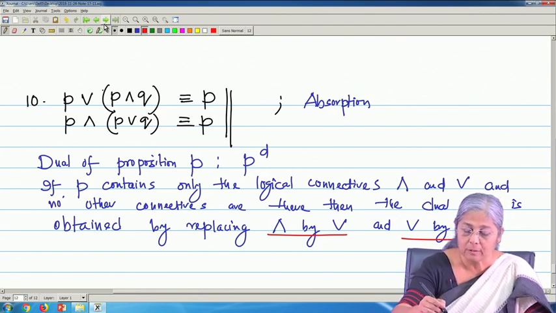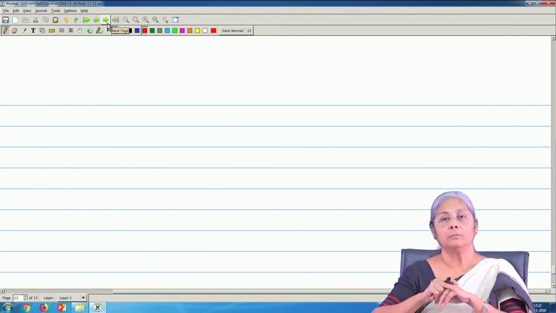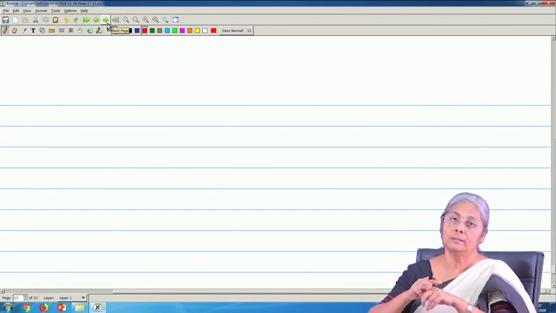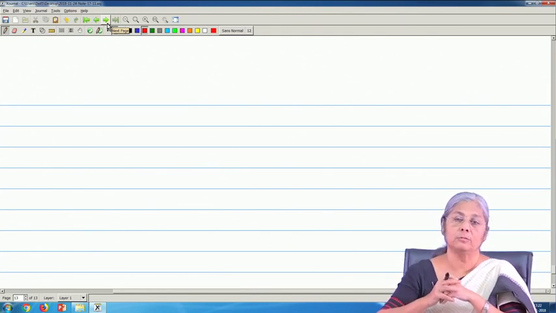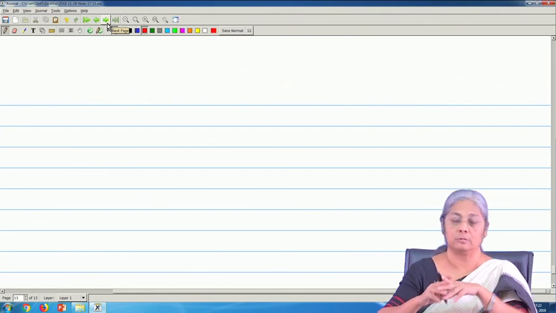Now, we have read the laws, and applying these laws, we can check whether two compound propositions are equivalent or not.